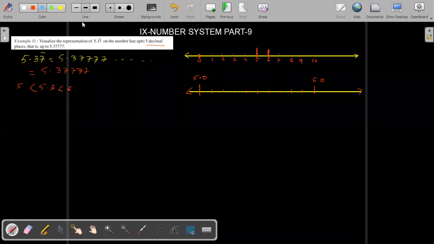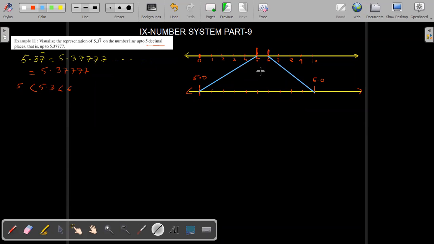So we join this 5 to 5, and join this 6 to 6. What we are doing is just zooming this part between 5 and 6.